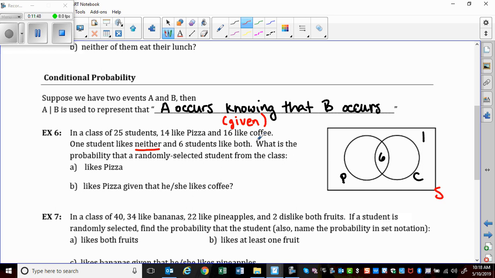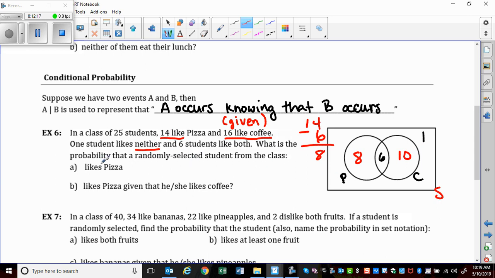And 6 students like both. So if 6 like both, in order to find out how many people only like pizza, I have to subtract that from 14. So what is 14 minus 6? I think that gives us 8 people like pizza. And I also have to subtract the 6 from the people who like coffee. But I know that 16 minus 6 is 10. That one's easy. Alrighty.